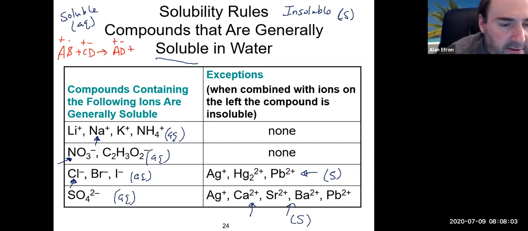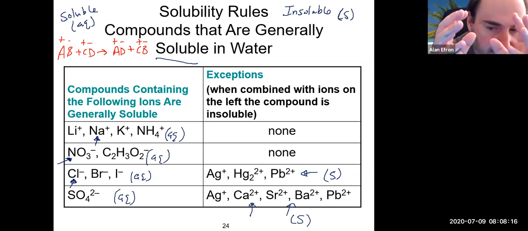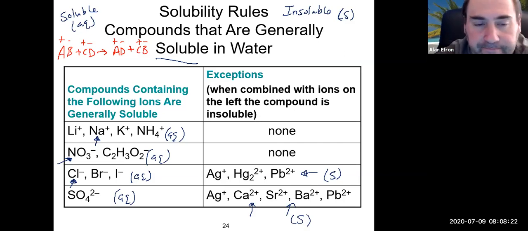When they switch partners, they form two new ionic compounds, and that's your classic double displacement reaction. We can even get more specific and classify them even further, and that's what we were talking about at the end last time.